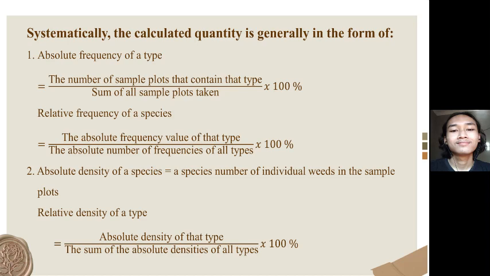Number 2. Absolute density of a species: the number of individual weeds of a species in the sample plots. Relative density of a type: absolute density of the type per the sum of the absolute densities of all types, multiply 100%.